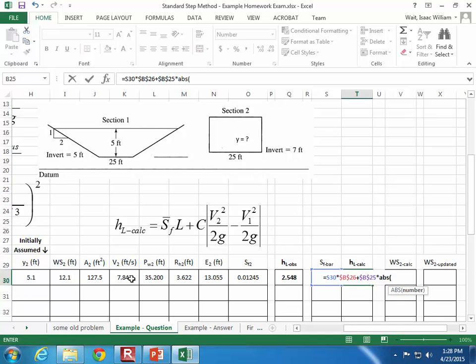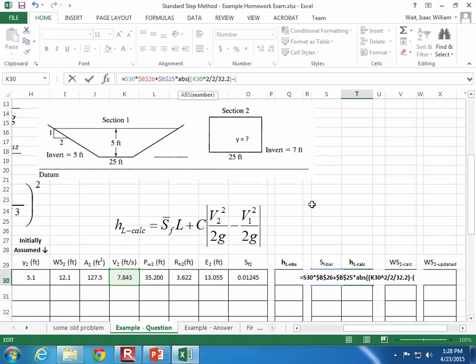So that is v squared divided by 2 divided by 32.2 minus, I'm going to put in an extra set of parentheses just to be sure. Oh man, thank you. That would have really messed things up.